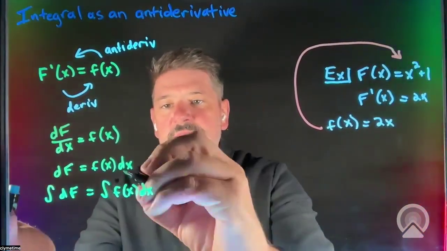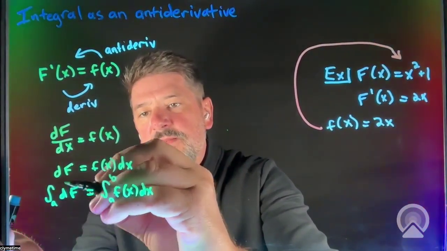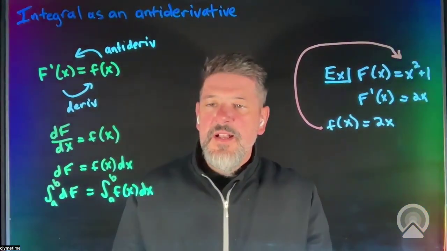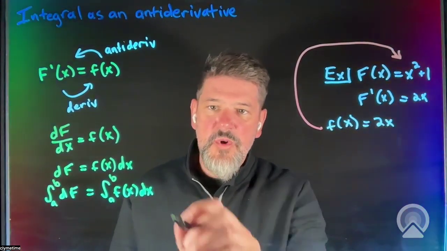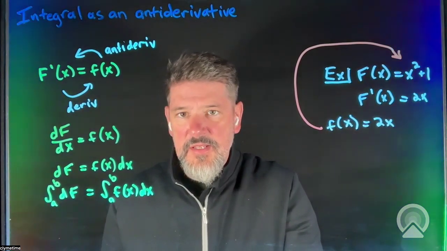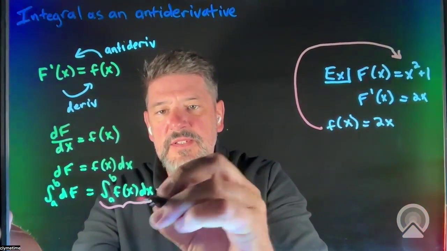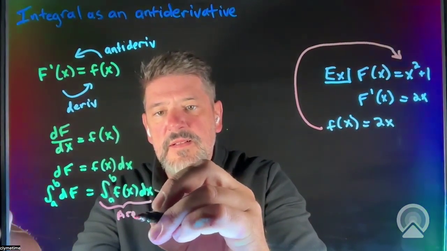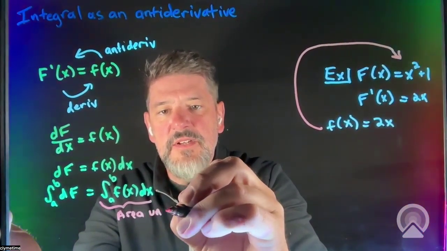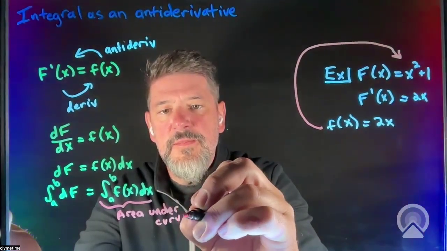And I can take it from some a to some b, two x values, like such. And what we know over here is that that part right there is going to be the area underneath the curve. We know that's how that works. That's the area under the curve. We learned about that in other videos. Okay, and that's true. It's the area underneath the curve.